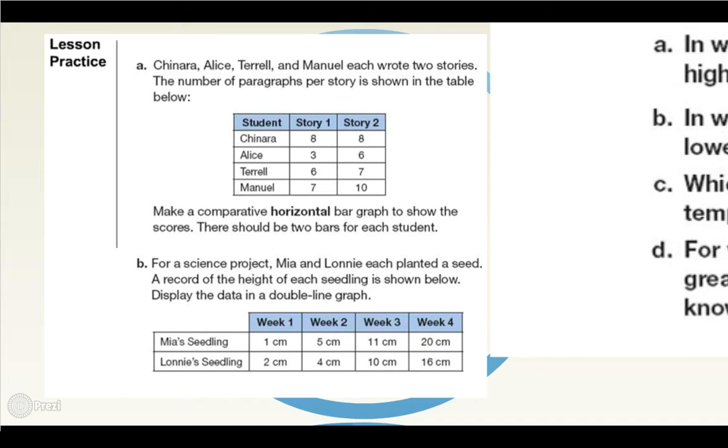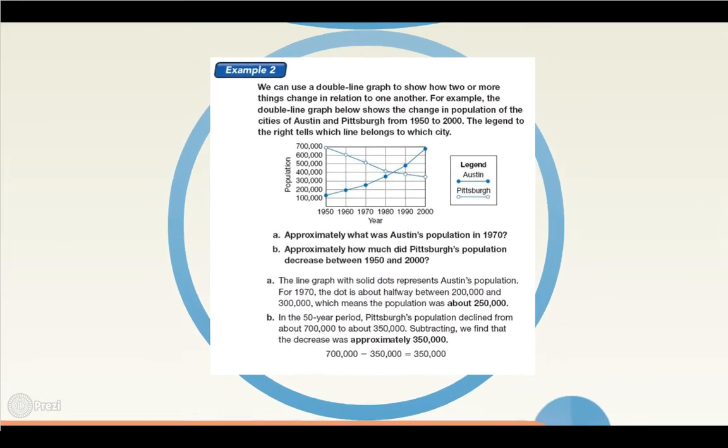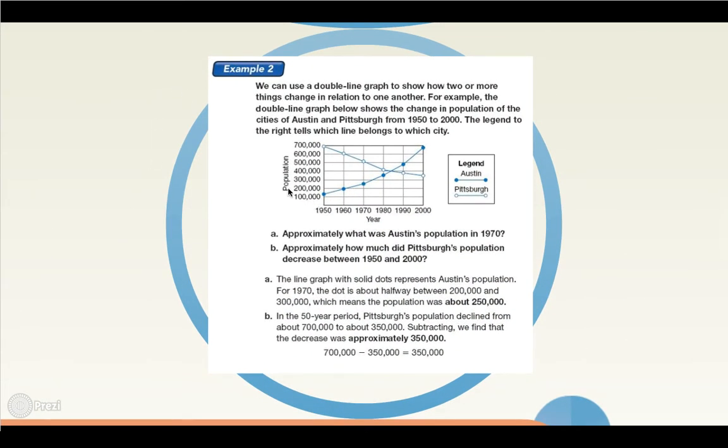For our science project, me and Lonnie each planted a seed. A record of the height of each seedling is shown below. Display the data in a double line graph. For the double line graph, you're going to want to do something similar to this one, where the times are on the bottom, maybe the height on top, and then you can show how they grew and compare the two.